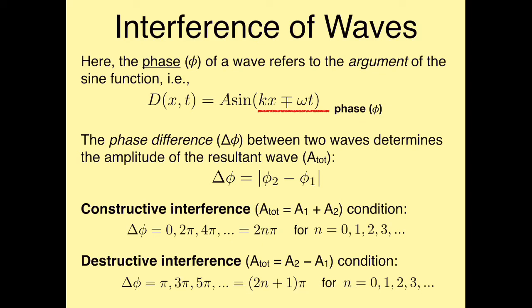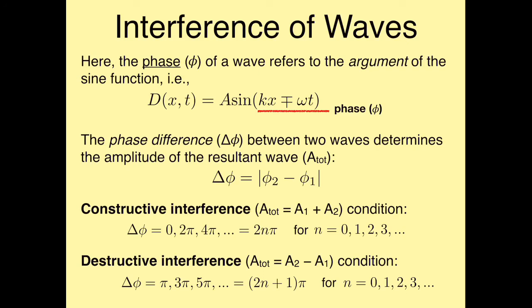Okay, so what's the condition that has to be met for constructive interference? Where again, we add the two amplitudes to get the total and we get the biggest possible total amplitude. Well, that would be delta phi equals 0, meaning they're exactly in phase. But if you think about it, 2 pi would also work because 2 pi is really the same as 0 because you go right back around to where you started.